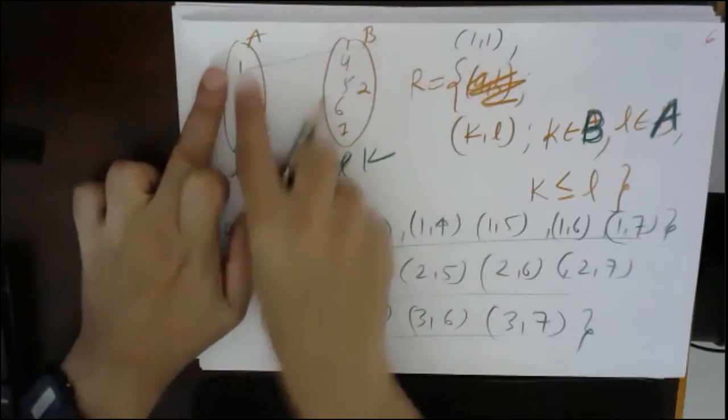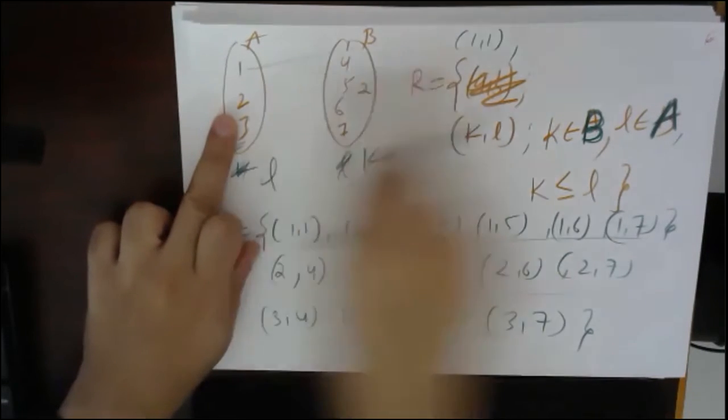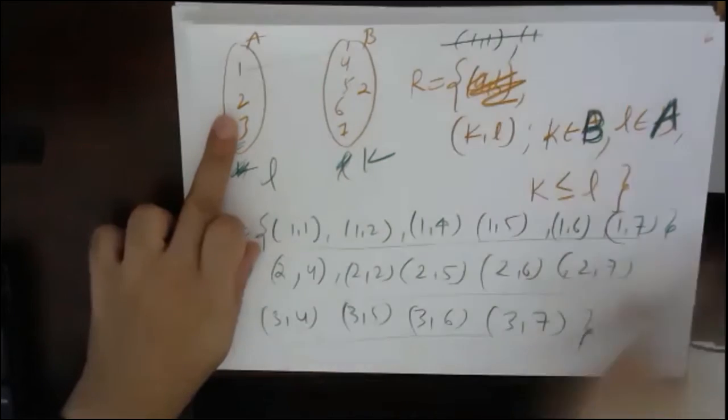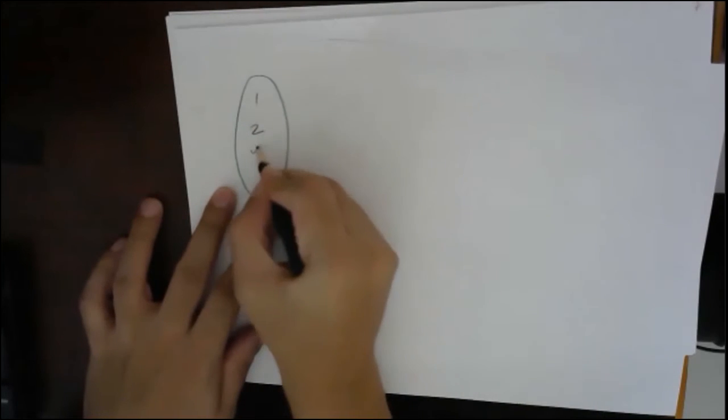Then 1 is less than or equal to 2 also. So I will write it once again on the next page so that it will be clear. So B is 1, 2, 4, 5, 6, 7. And A is 1, 2, 3.